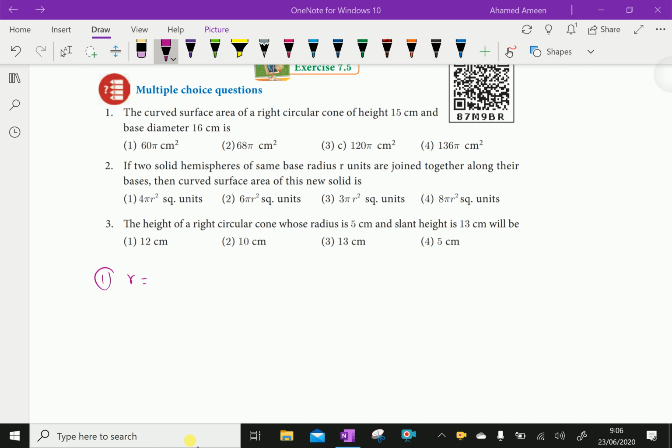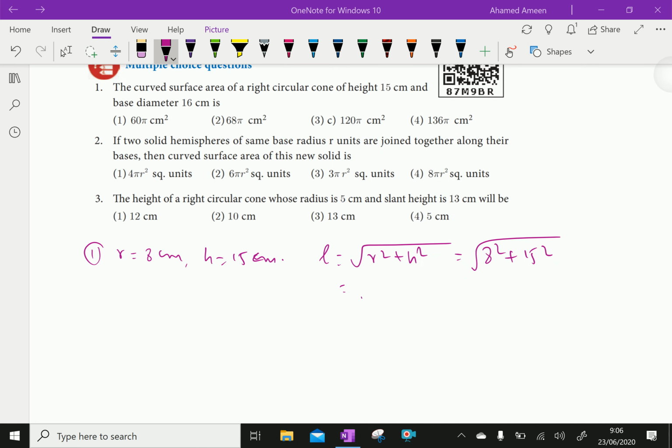R equals 8 centimeter and H equals 15 centimeter, then slant height L equals square root of R squared plus H squared, equals 8 squared plus 15 squared, equals 64 plus 225, which is 289, which is equal to 17 centimeter.